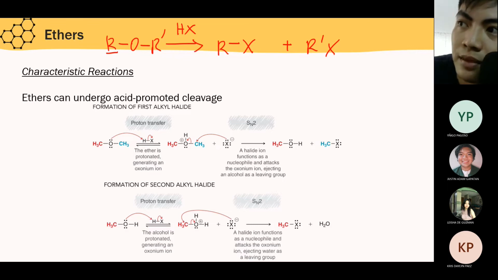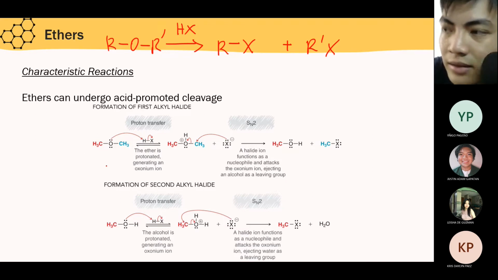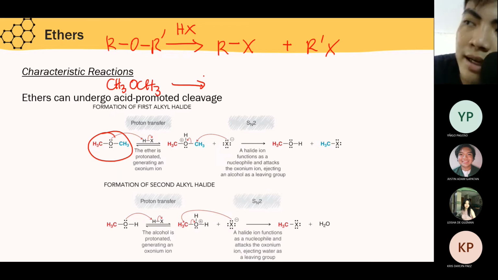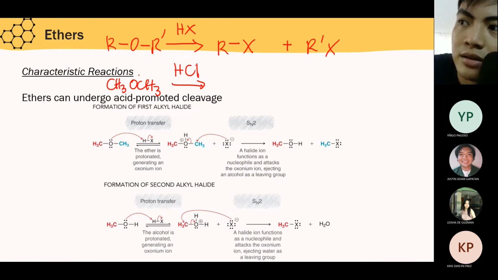Okay. So, for example, we have dimethyl ether. Dimethyl ether. Ito yan, dimethyl ether. Pag nakakita kayo ng ganitong reaction sa quiz, okay. So, dimethyl ether in the presence of acid catalyst, okay, HCl.